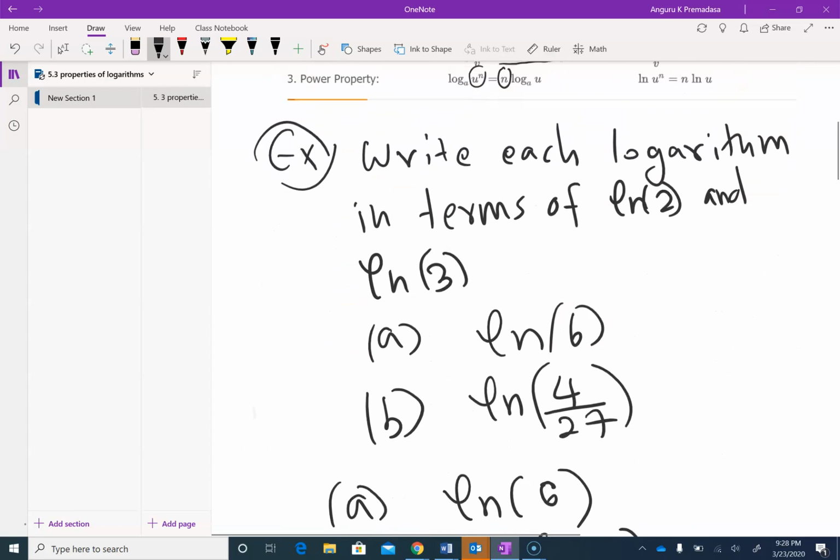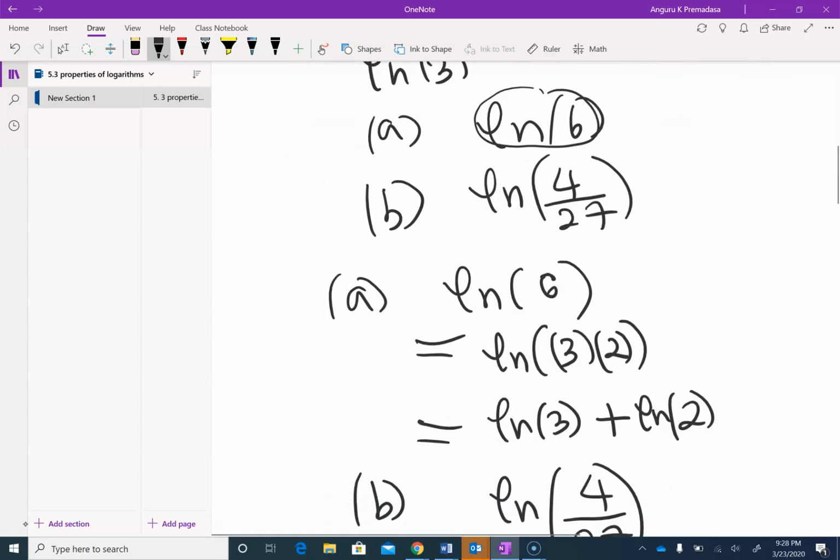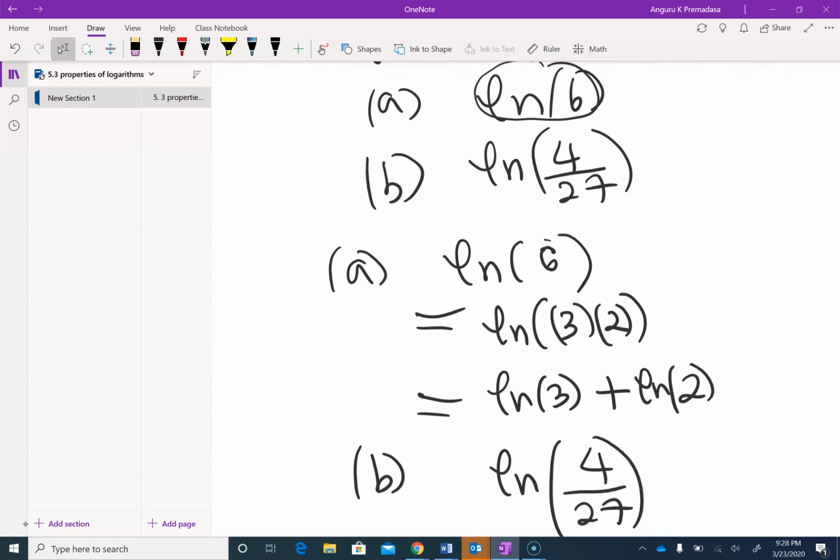So let's try to do an exercise right away. I want to write these logarithms in terms of natural log of 2 and natural log of 3. First, take natural log of 6. So you want to write this in terms of natural log of 2 and natural log of 3. We can't bring 2 and 3 into 6 directly, but 6 is equal to 2 times 3.